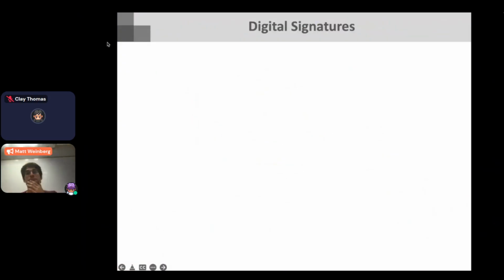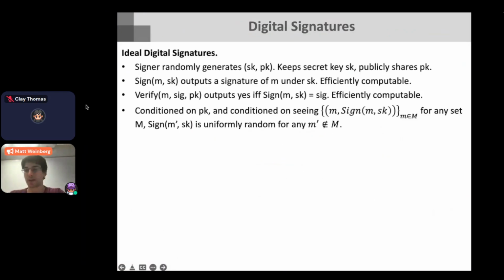Okay. So the last basic cryptography that I want to cover is called digital signatures. Think of them as trying to mimic an actual signature. Imagine that physical signatures were secure. This is what it's trying to mimic. So you have the signer. The signer is going to randomly generate a secret key and a public key.